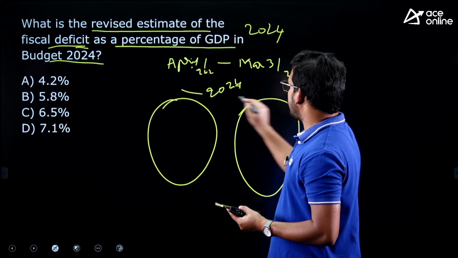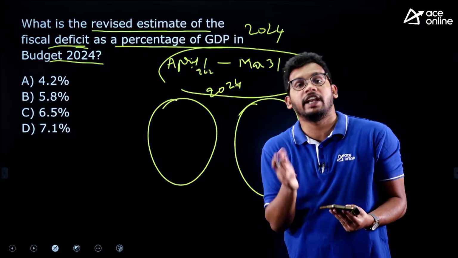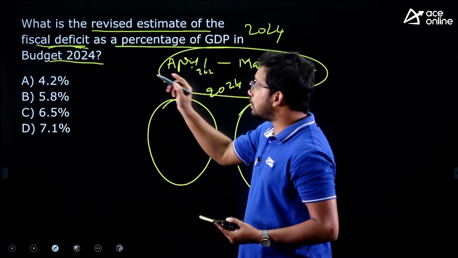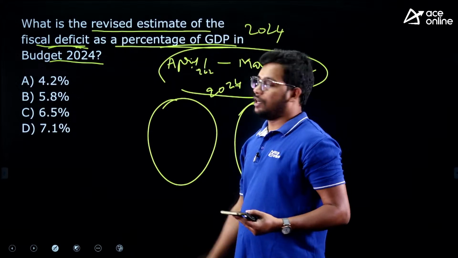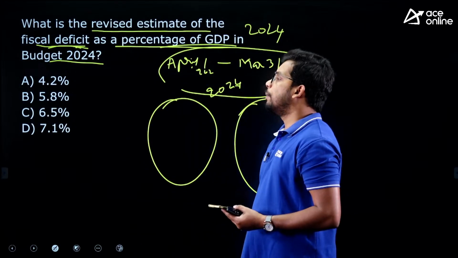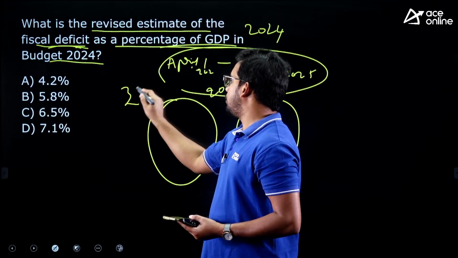So in this one financial year, how much extra government is creating a debt? That is called fiscal deficit. So how much is there as percentage of GDP? For example, our GDP is how much? Anyone? How many crores? Our GDP is around $3 billion.